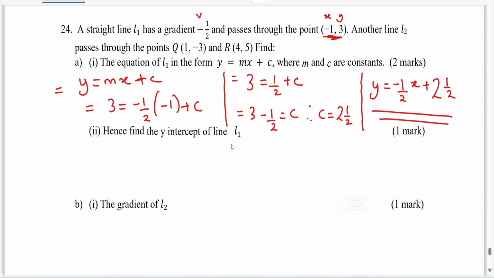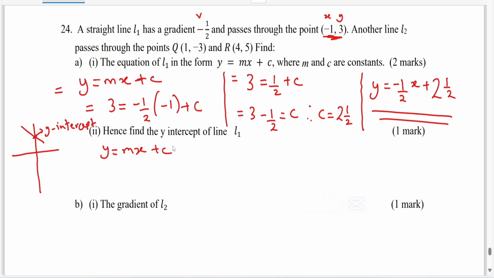Hence find the y-intercept of the line L1. So y equal to mx plus c. If you draw this, the y-intercept is here. This is our y-intercept. So this is the point at which the line passes through the y-axis.